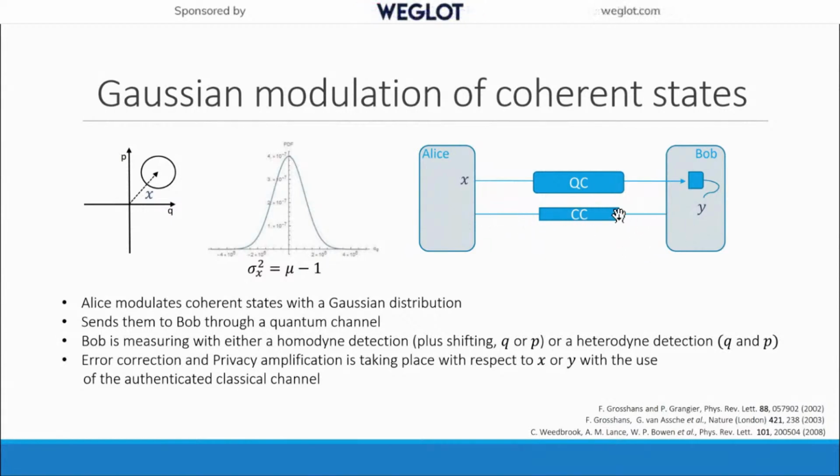There's also this classical channel that we use in order to exchange and compare the signals, as I said before, so as to do error correction and privacy amplification afterwards. This is the classical post-processing, apart from the quantum communication.